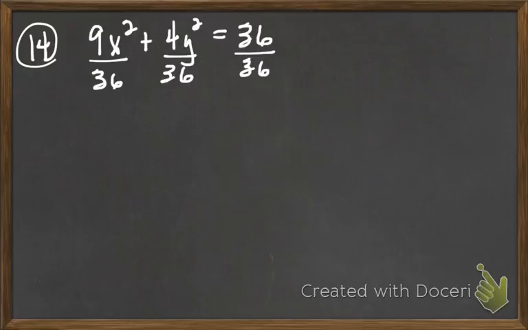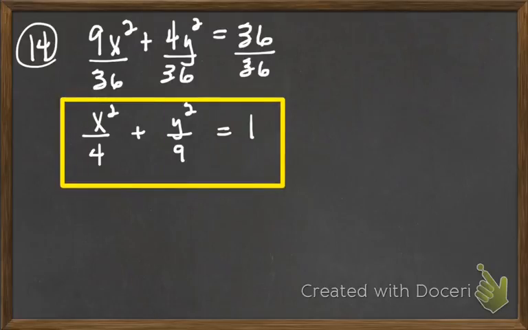So you're going to get x squared over 4 plus y squared over 9 is equal to 1. And that would be considered standard form for your ellipse. And then you could locate the center. The center would be at 0, 0. You would move 2 units left and right and 3 units up and down.